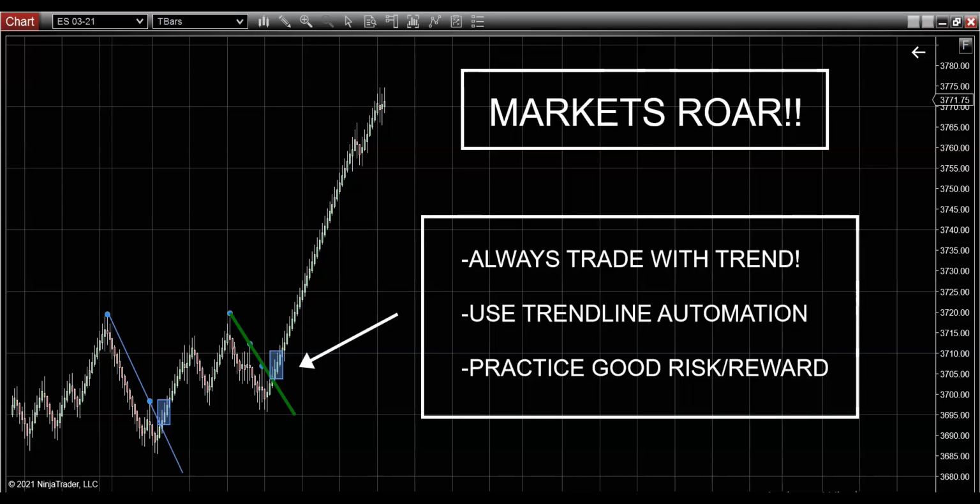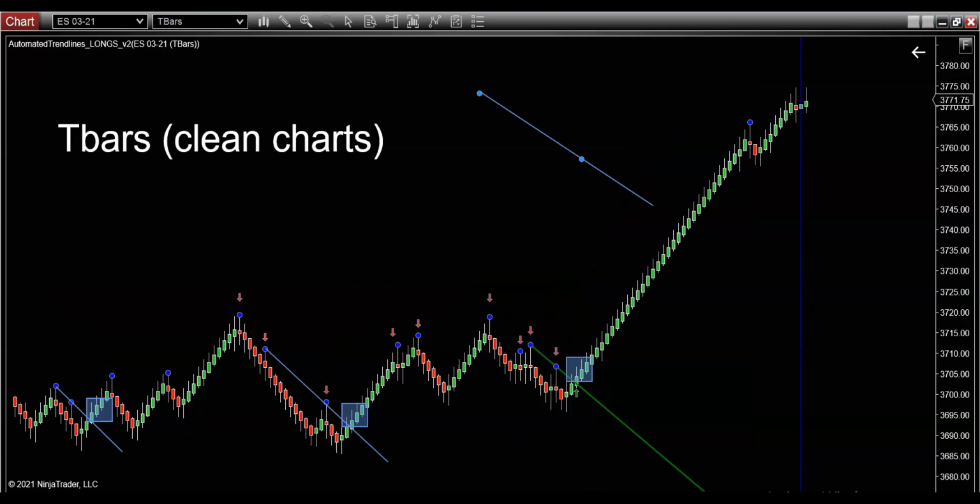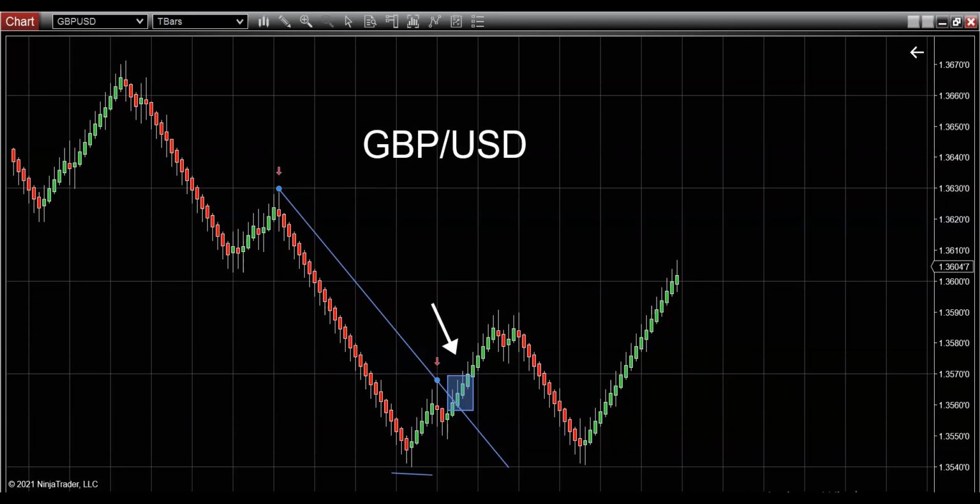That is how you participate in any market, Forex, futures, stocks, options. That is how you participate and capture huge winning trades like this, okay? Like this, like this. It's the same chart patterns day after day, week after week, month after month, year after year.